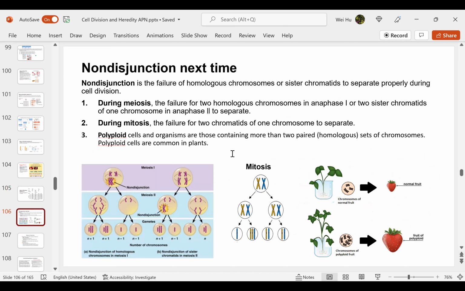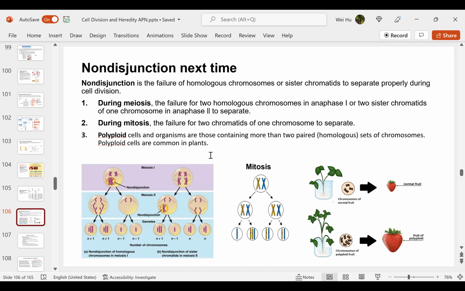Now let's talk about some disease bases. What we did before for cell division was normal. Now let's see some abnormal. This is called non-disjunction.